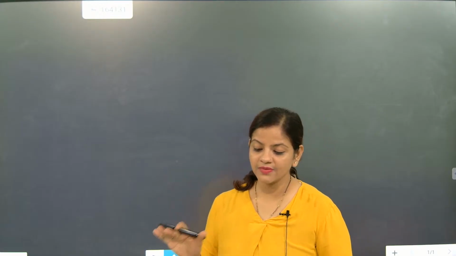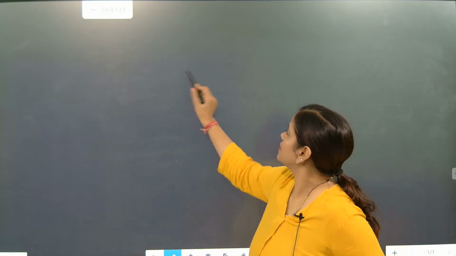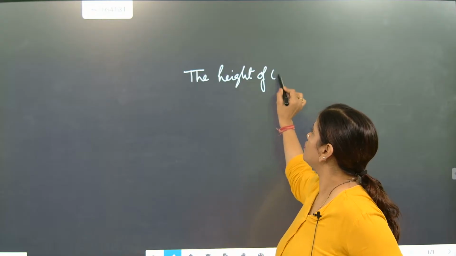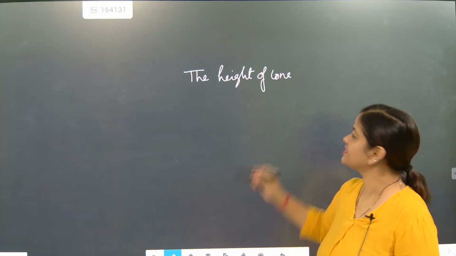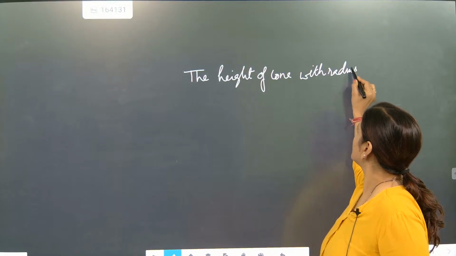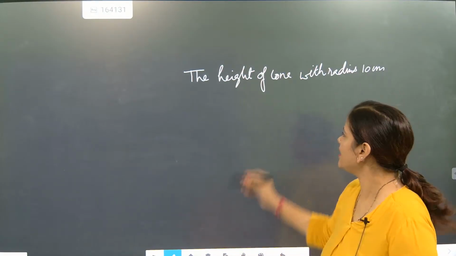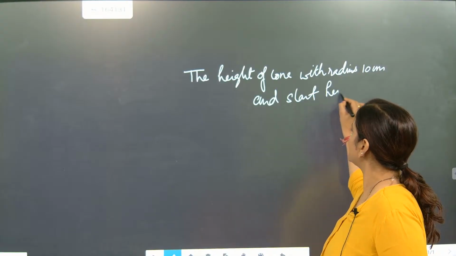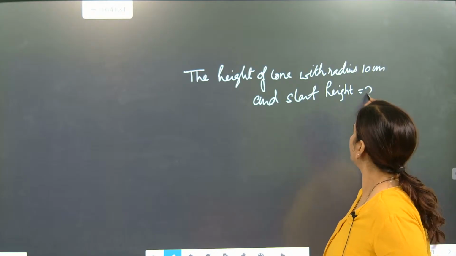Okay, this is an MCQ question I'm giving you. Get ready. The height of a cone with radius 10 centimeter and slant height equal to 26 centimeter.